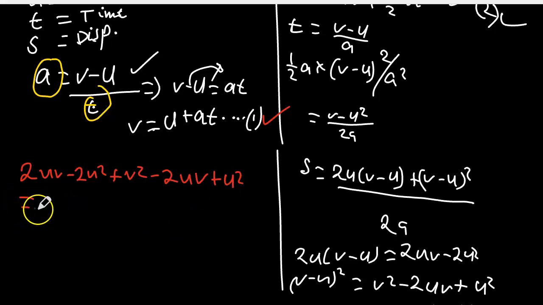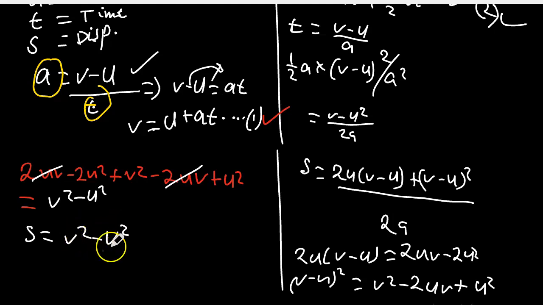So 2uv minus 2uv will cancel out. So we are going to simply have v squared minus u squared. So s is simply v squared minus u squared, divided by 2a. Multiply both sides by 2a.